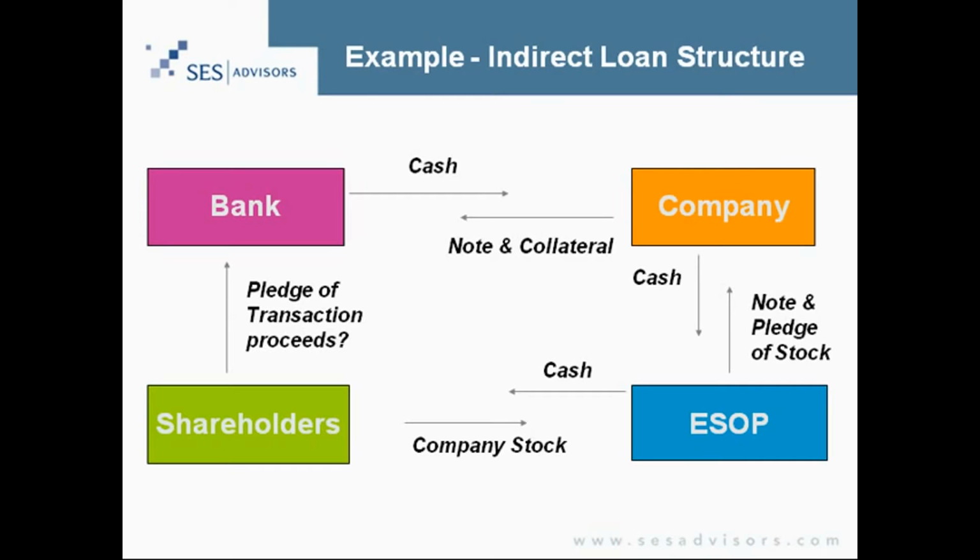So you can see the cash moving around the table here. Essentially it's coming from the bank, going to the company, lent in turn to the ESOP, in turn used to purchase the stock. Now, if all of this seems a little bit circular, it is, and so what you often need to do is establish a 1-day loan transaction in order for the flow of funds to work.